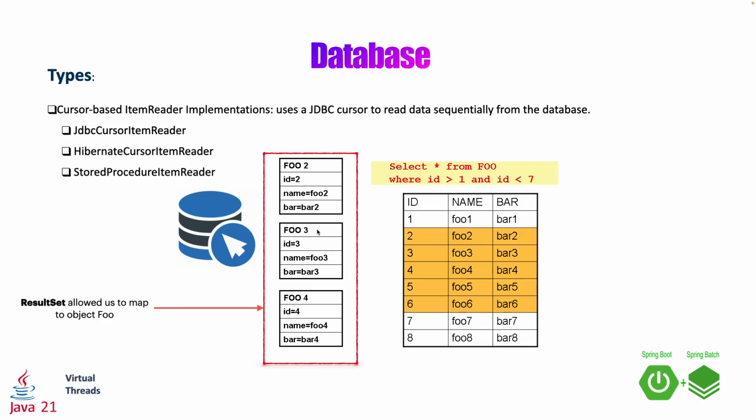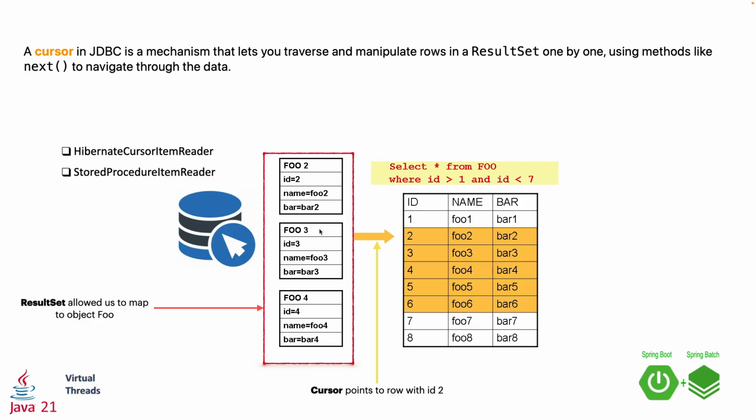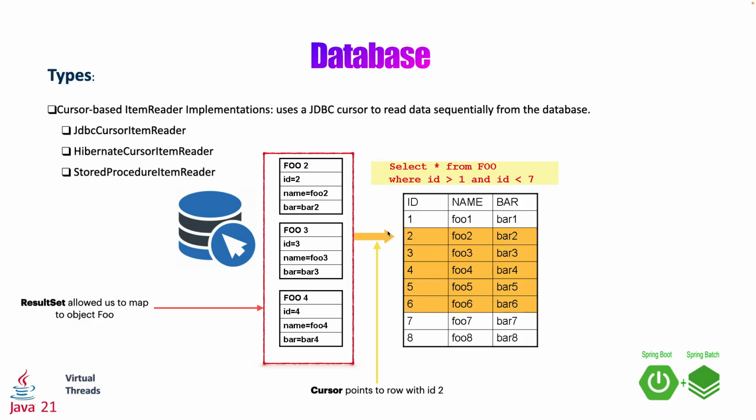Now the question is, what is the cursor here? In JDBC, a cursor is just a pointer, or better, a mechanism that lets you navigate through rows in a result set one by one.